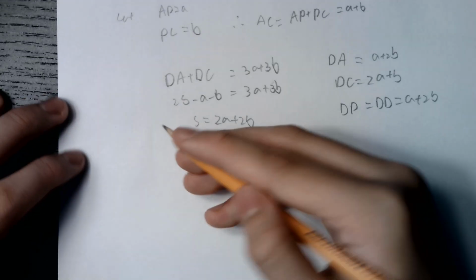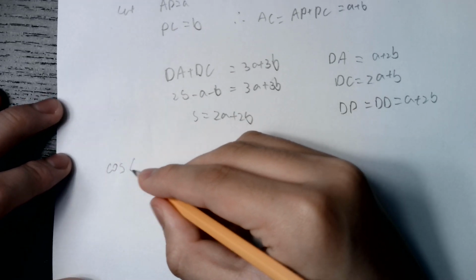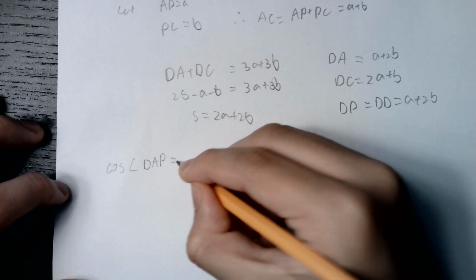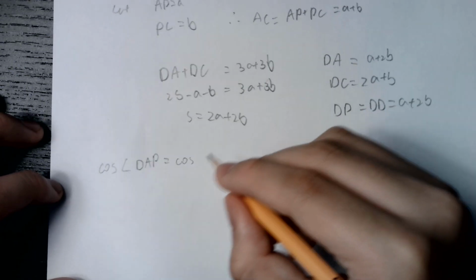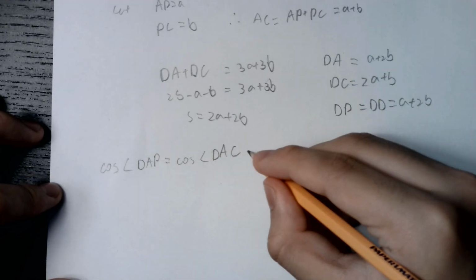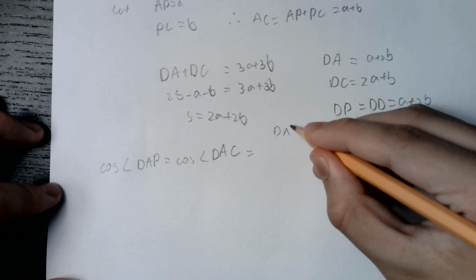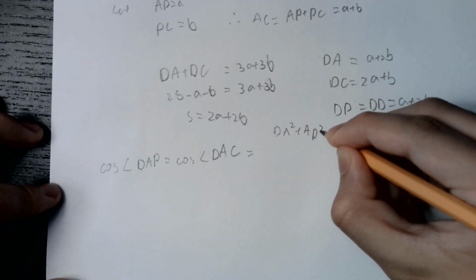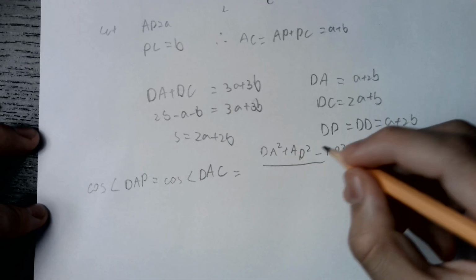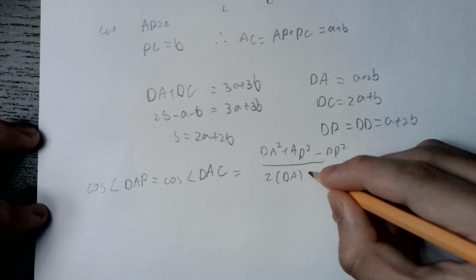So this is going to take up a lot of space, but we can see here that cosine angle DAP is going to be equal to cosine angle DAC. And this is going to be equal to, let's go over here to DAP. We know that from cosine law, it's just going to be DA squared plus AP squared minus DP squared over 2 times DA times AP.